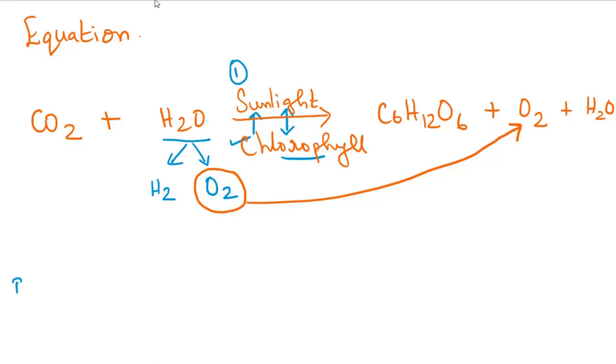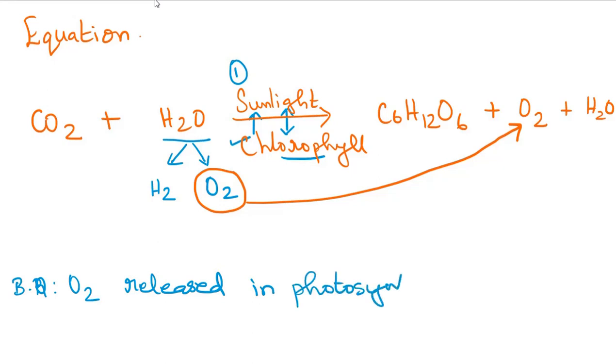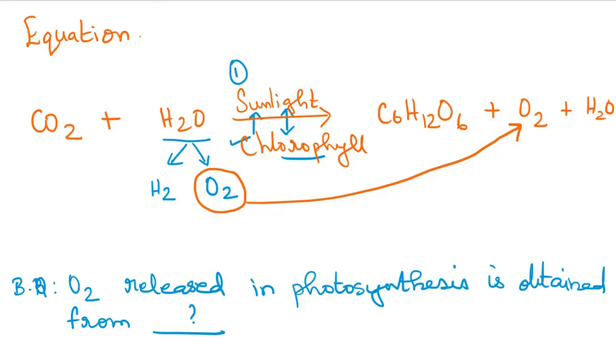This is one important board question which you can expect. Oxygen released during the process of photosynthesis is obtained from dash, right?